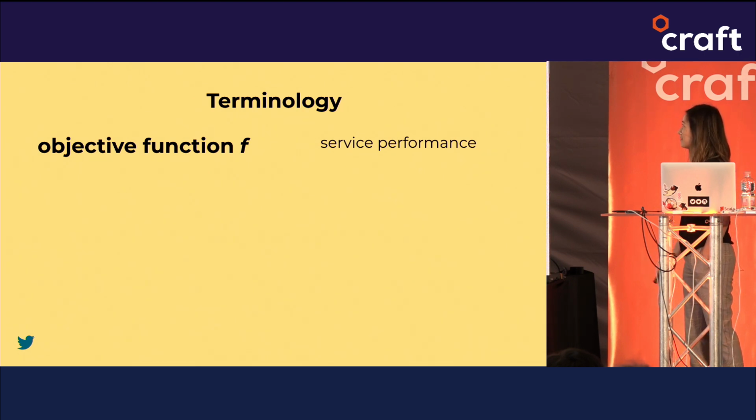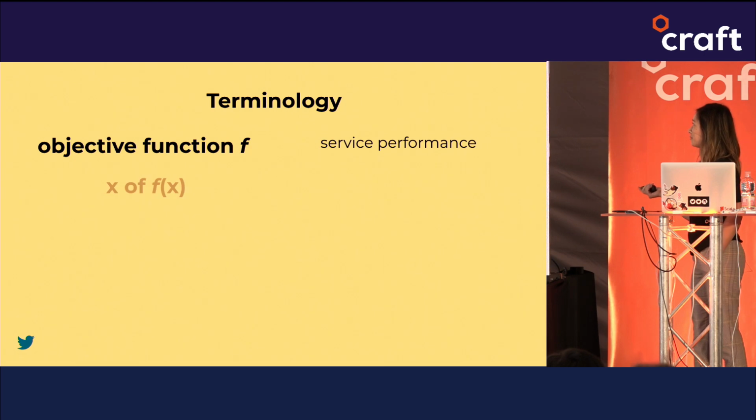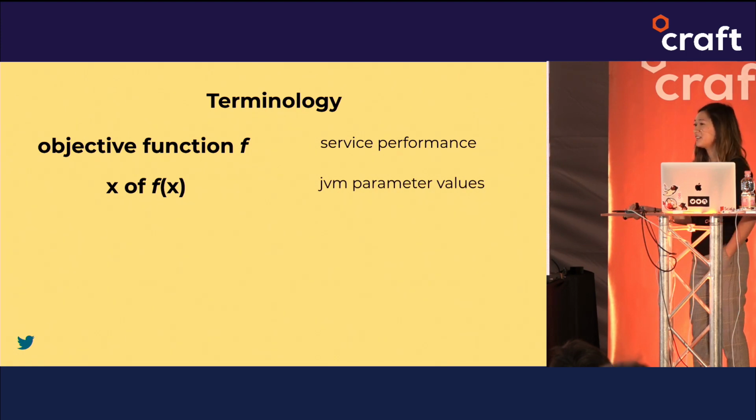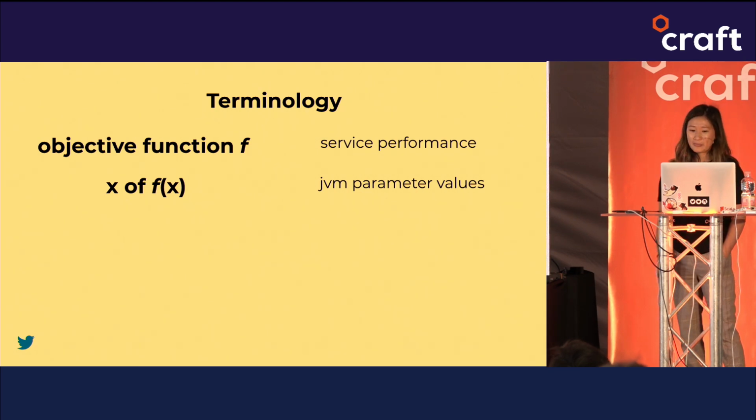So if we have a function f, what would be the x of f(x)? In our case, this would be JVM parameter values, which is all the JVM parameter values I was showing you before. An example of one could be the number of parallel garbage collection threads.